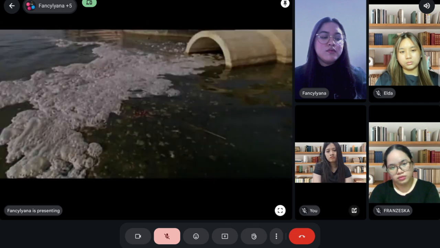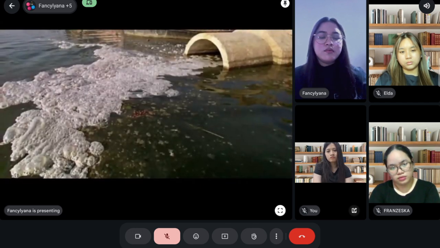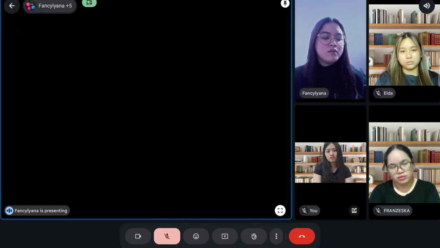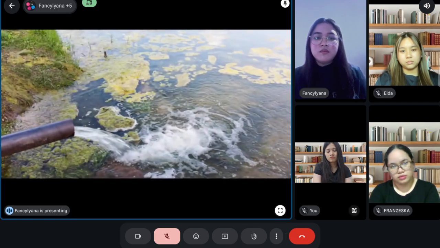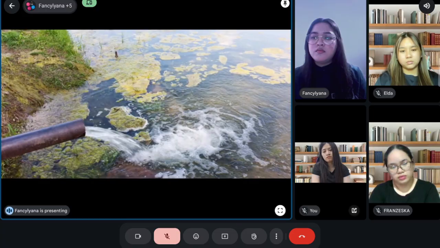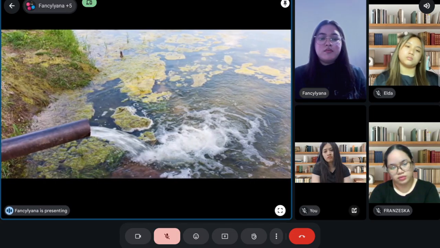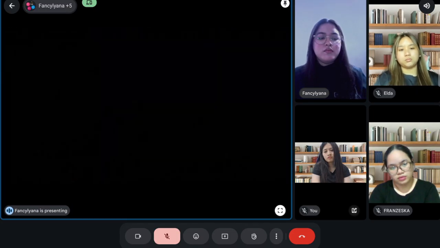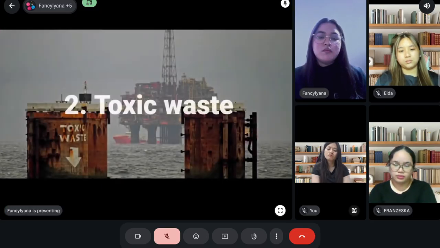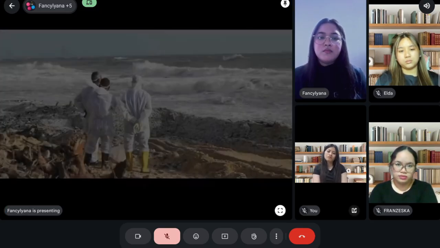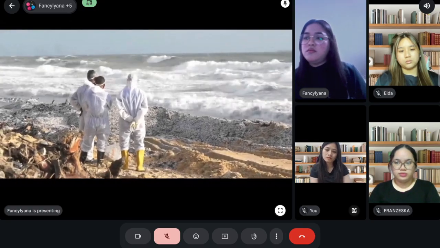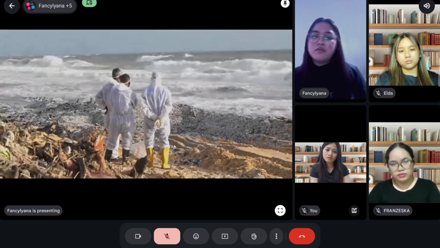As organics are decomposed naturally in the sewage by bacteria and other microorganisms, the dissolved oxygen content of the water is depleted. This endangers the quality of lakes and streams, where high levels of oxygen are required for fish and other aquatic organisms to survive. 2. Toxic waste. Waste is considered toxic if it is poisonous, radioactive, explosive, carcinogenic, mutagenic, teratogenic, or bioaccumulative.